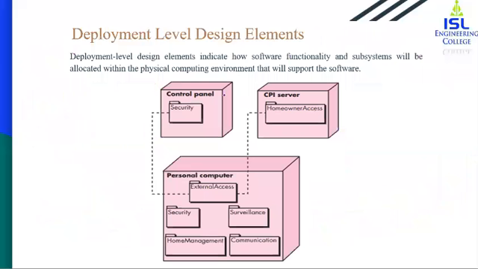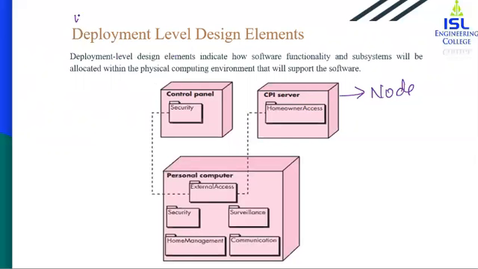The next one is your deployment level design element. You also have a diagram called the deployment diagram. Now in this deployment diagram, this cube structure is called a node. This deployment diagram is going to map all the software pieces of the system onto the hardware.